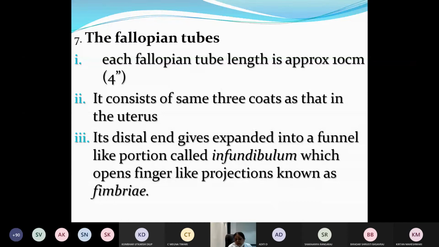Its distal end is expanded into a funnel-like portion called infundibulum, which opens with finger-like projections known as fimbriae.